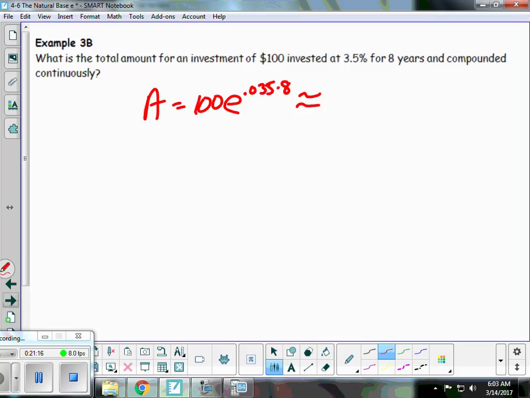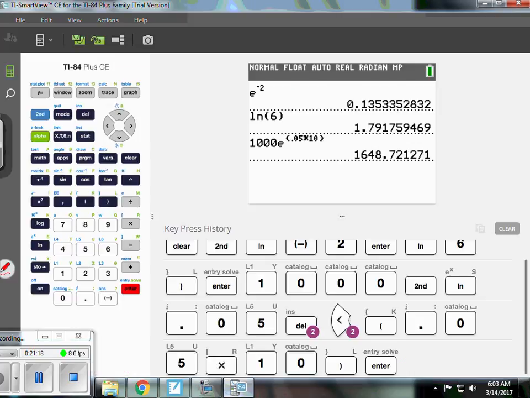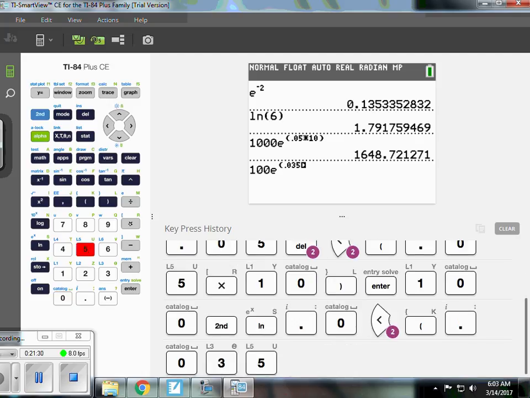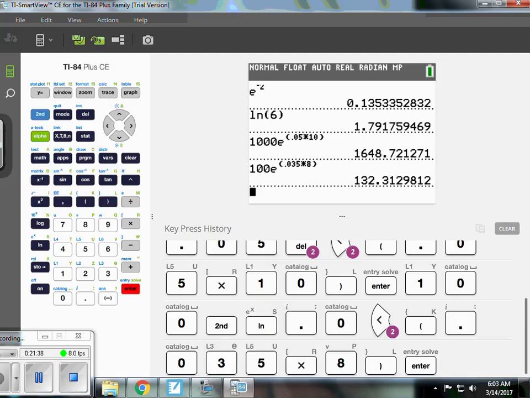All right, go to our handy dandy calculator here. So 100 times e to the power of, darn it, did it again, parentheses 0.035 times 8 in parentheses. Enter. And $132.31.